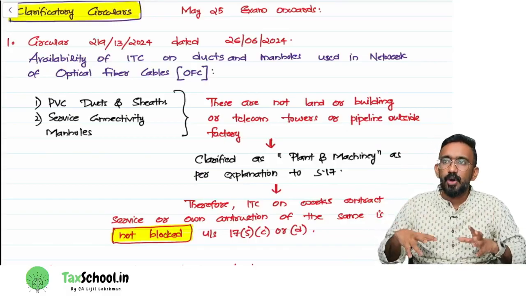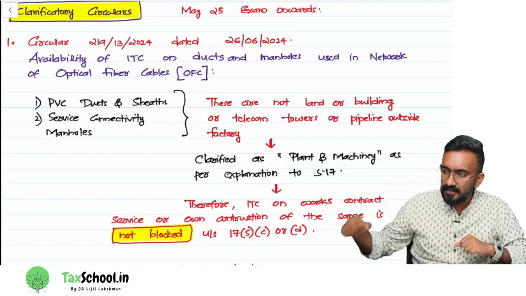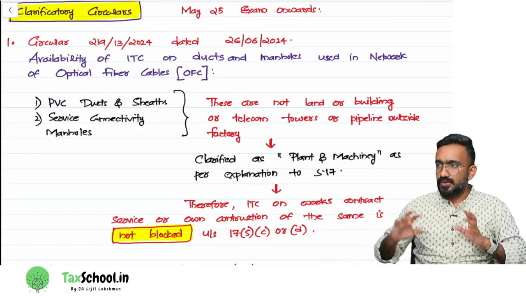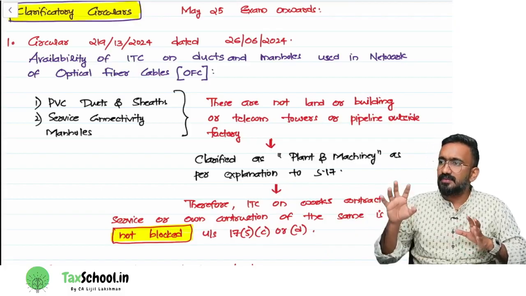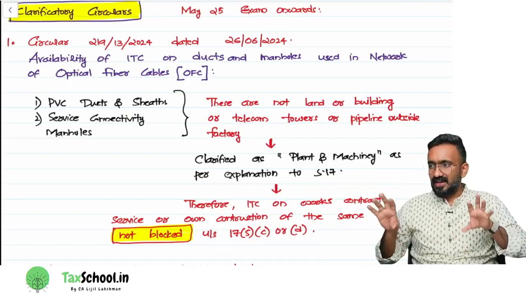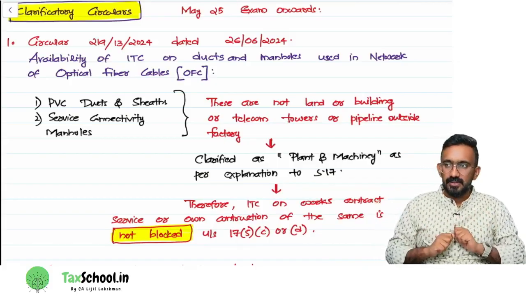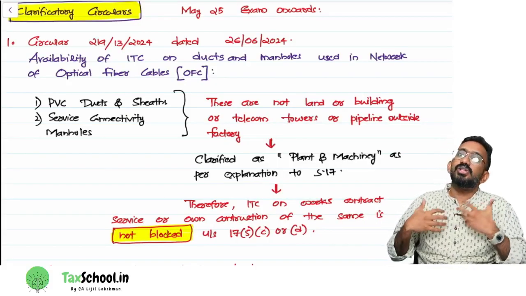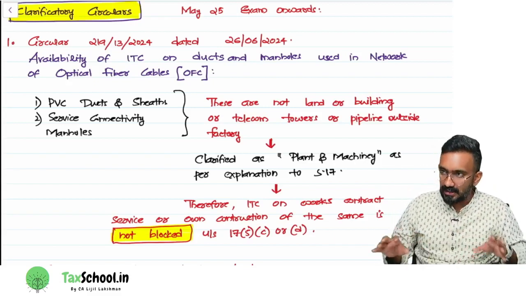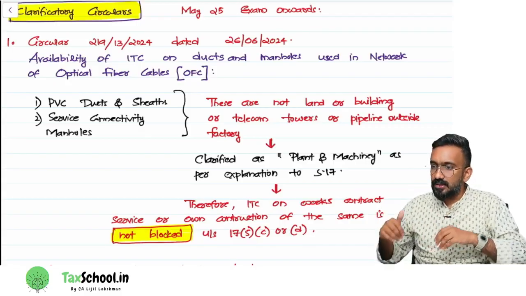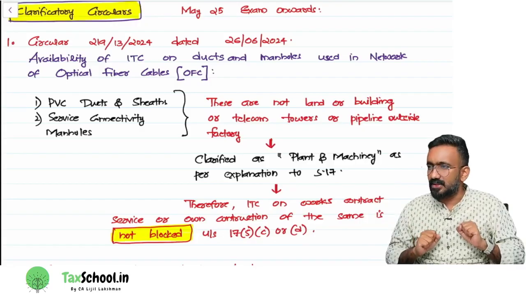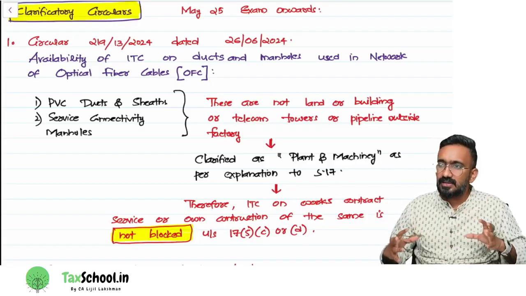When there is some problem in the connectivity, they will open these service connectivity manholes and use the manholes, PVC duct and sheets to repair it. So if Jio wanted to lay more optical fiber cable under the ground, they would have some contractor preparing a service connectivity manhole. Duct and sheets is another term we use for it, to create this connectivity.